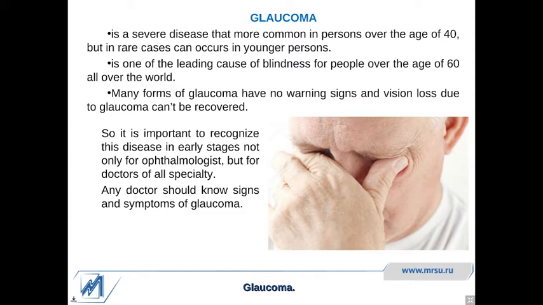Many forms of glaucoma have no warning signs, and vision loss due to glaucoma cannot be recovered. So, it is important to recognize this disease in early stages, not only for ophthalmologists, but for doctors of all specialties. Any doctor should know signs and symptoms of glaucoma.